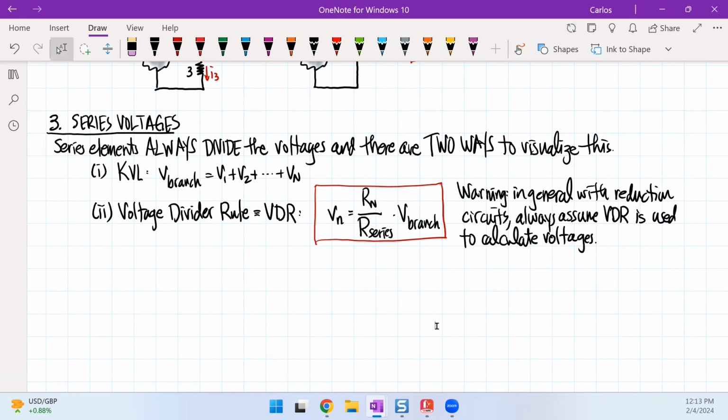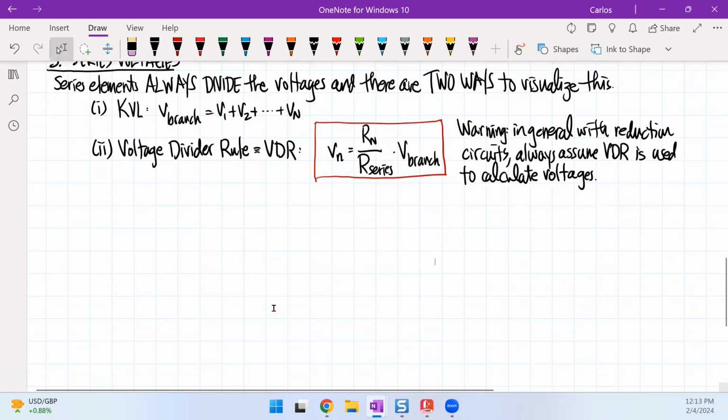So let's look at this thing. So here's what we know. What we want to do here is to show you that VDR is a valid theorem in circuits. Remember, it's still part of KVL and Ohm's law.